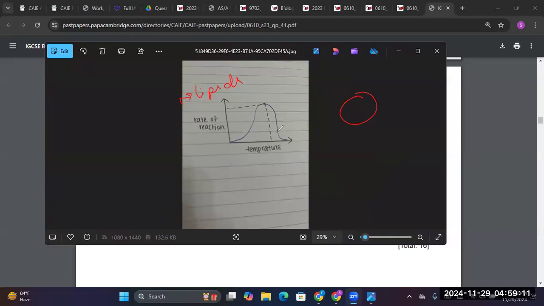Okay, Hajra, you did not mark the point where the enzymes will be denatured. At which point of the graph will the enzymes be denatured? You have to add that point. Otherwise, your graph is okay.